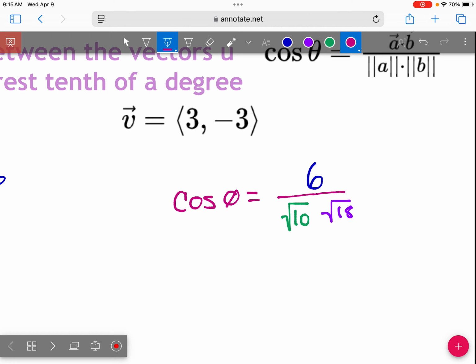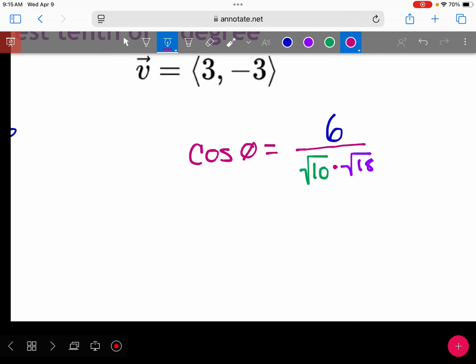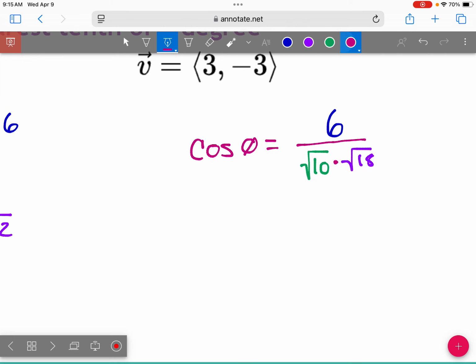Doesn't matter to me. I like it better this way just because I can do 10 times 18 in my head, and 3 root 2 times root 10 is a little weird. But it's totally fine if you do it the other way. I just have a tendency to do this as our cosine of 6 over root 180, just because it's easier to type in.